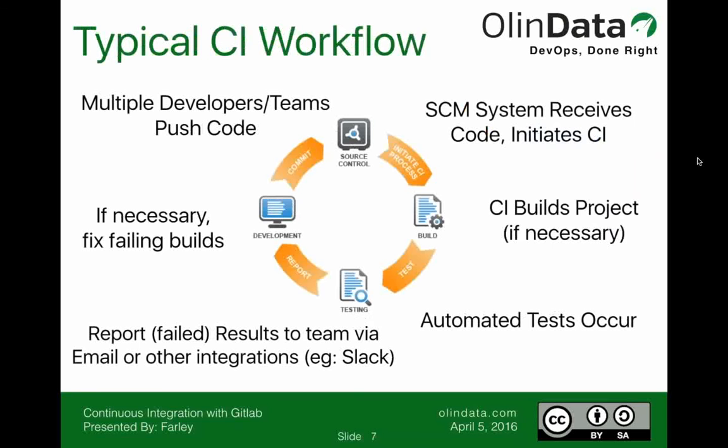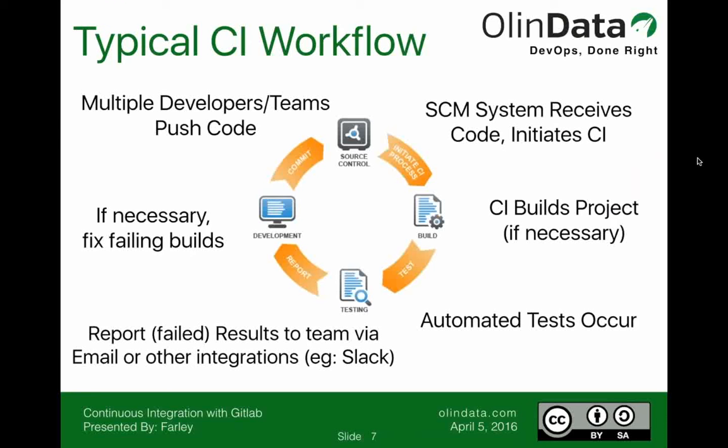In a well-designed continuous integration workflow, you have one or many developer teams which develop and commit code. When they push code to the source control repository, it initiates CI hooks, which can kick off one or many parallel or serial tasks, including things like testing if the code builds properly.